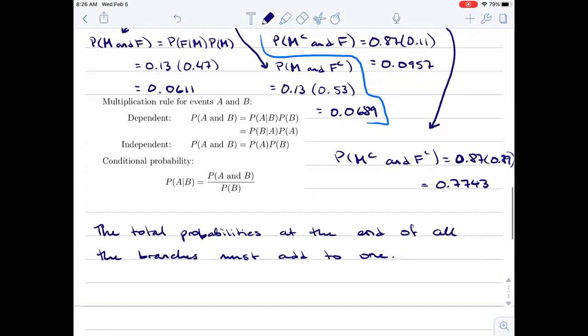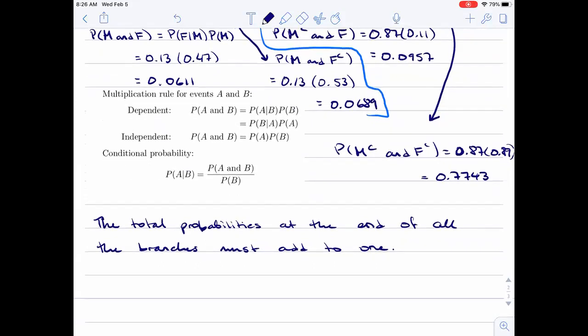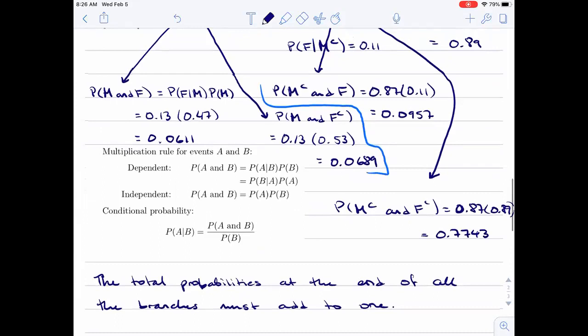So now, if I add all these probabilities just to check, oh, my doodads up here.